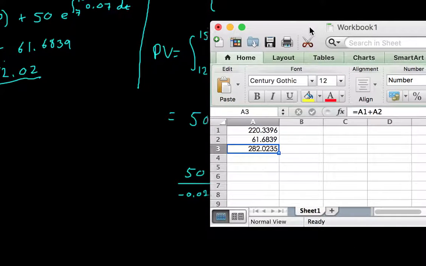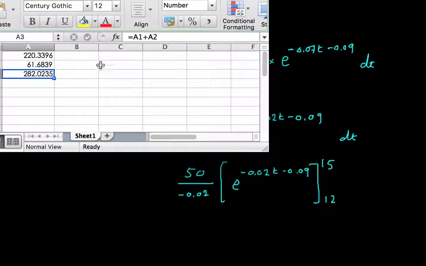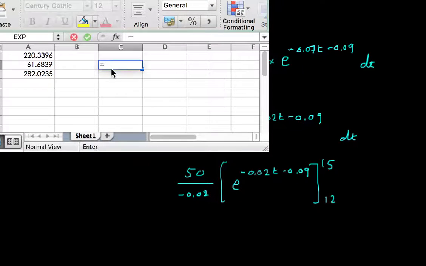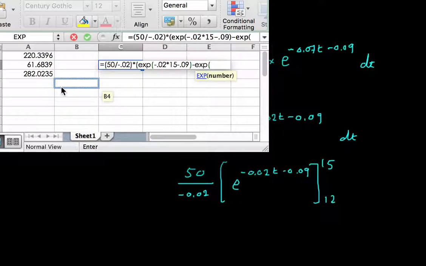Let's get Excel out and plug it in. Equals, in brackets, 50 divided by negative 0.02 multiplied by the exponential of negative 0.02 times 15 minus 0.09, that's the first bit, and then minus the exponential of negative 0.02 times 12 minus 0.09.